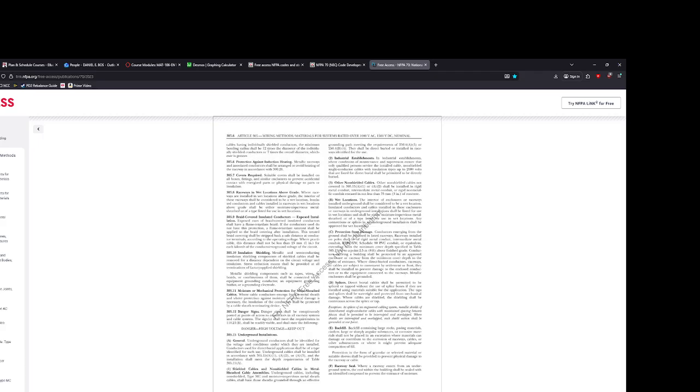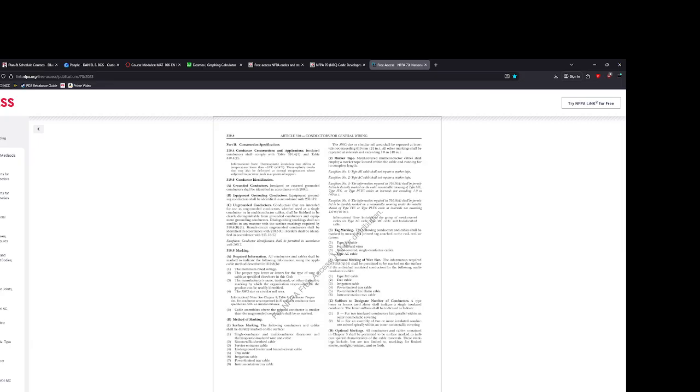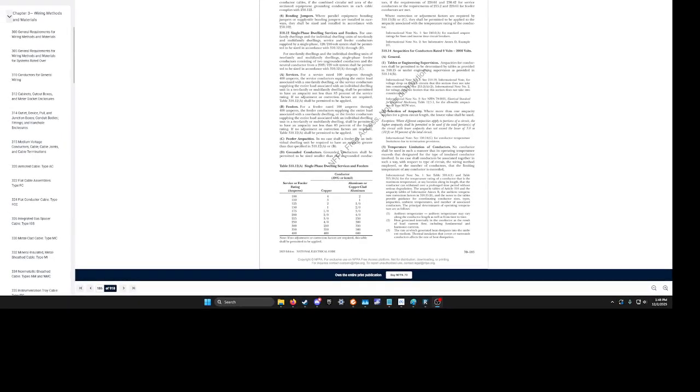Oh, that's the wrong page. No. That's 310.15. I need 310.12. Okay, that's 310.4.4. There we go. Okay, at the bottom here.